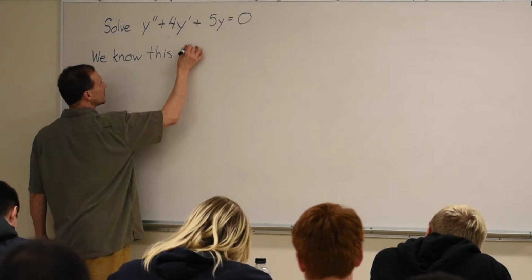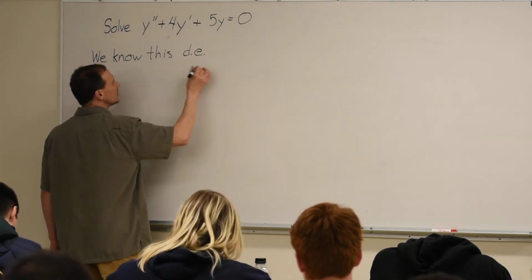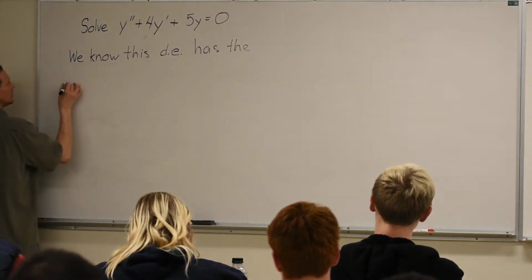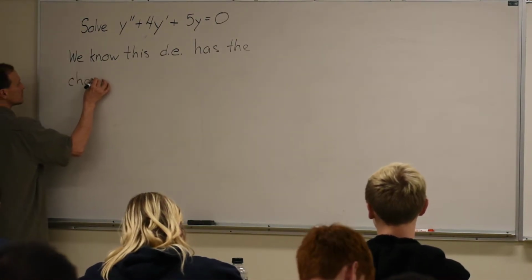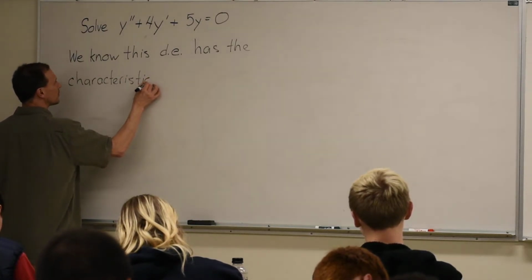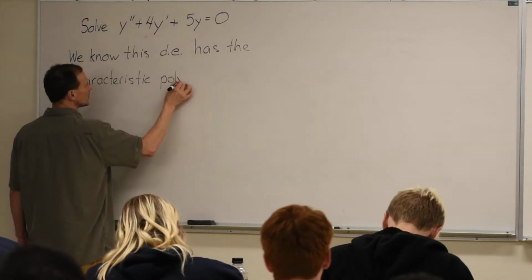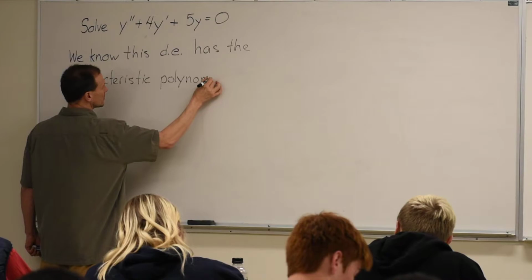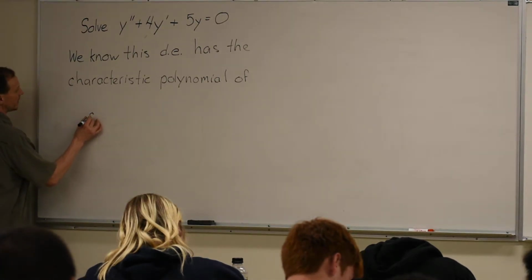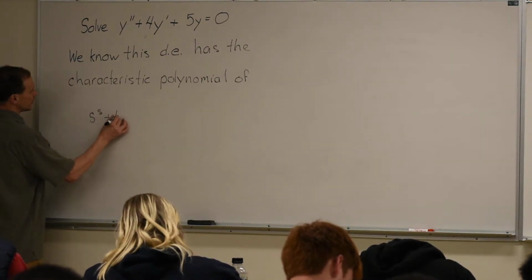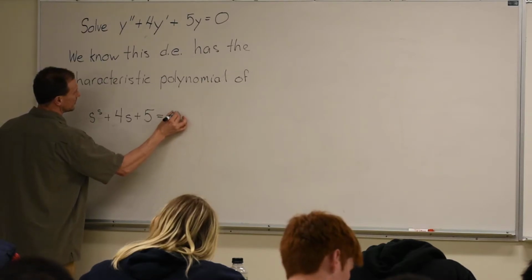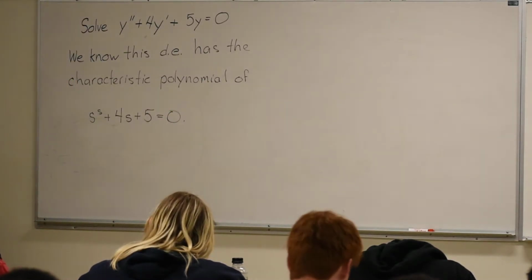We know this differential equation has a characteristic polynomial of s squared plus 4s plus 5 equals 0. We know that. How would you have gotten there?